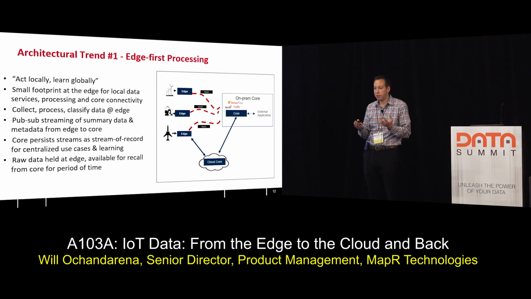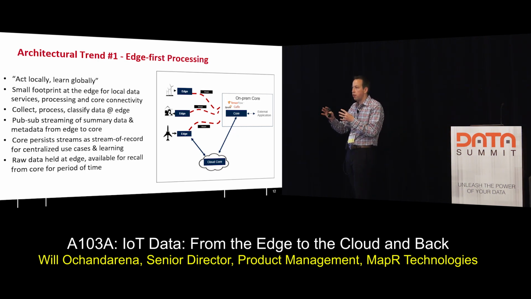So what it means is you have to have this architecture where the edge is enabled to make local decisions, but also it feeds a continuous stream of data to the core so that the core can run the machine learning algorithms, build the models, and in turn ship those back to the edge, and do this in a continuous fashion so you're always learning, you're always improving.